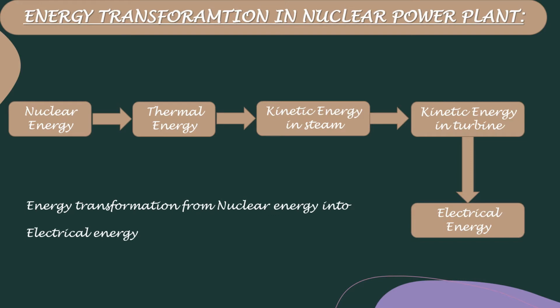Steam of very high temperature and pressure is generated and directed on the blades of the turbine. Then the kinetic energy in the steam is used to drive the turbine. Then the turbine rotates the generator connected to it, which in turn produces electrical energy. So students, you can show the transformation of energy from nuclear energy into electrical energy by the given flow chart.